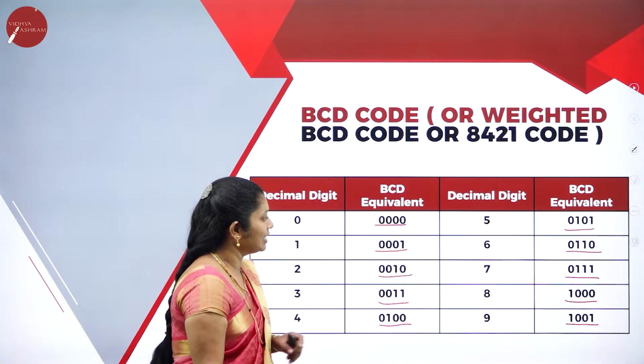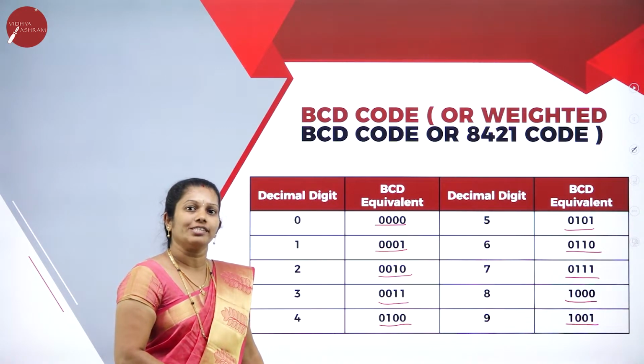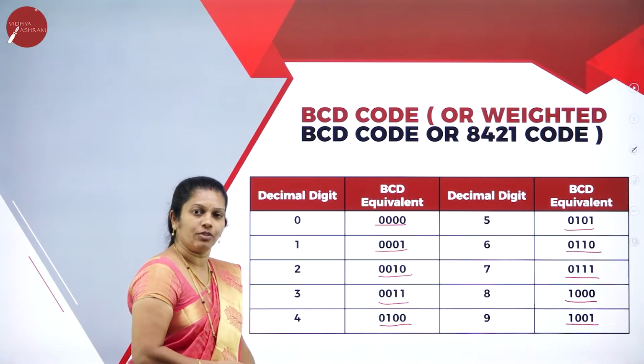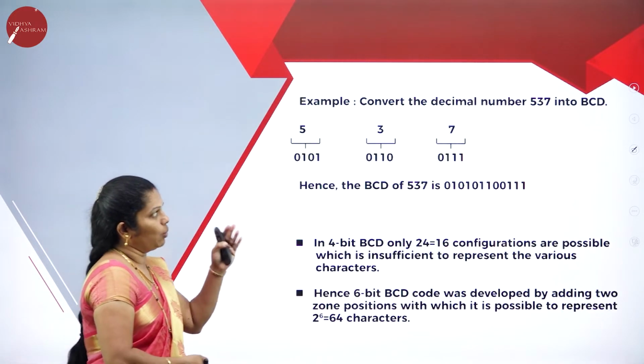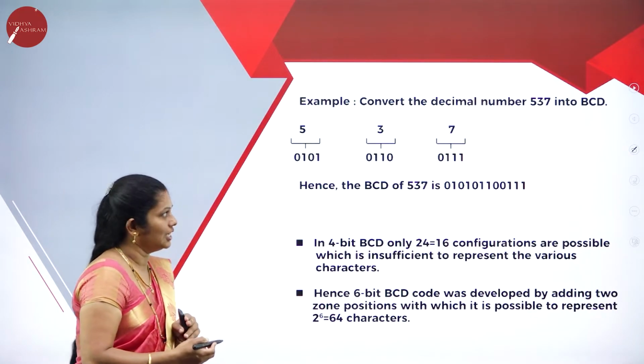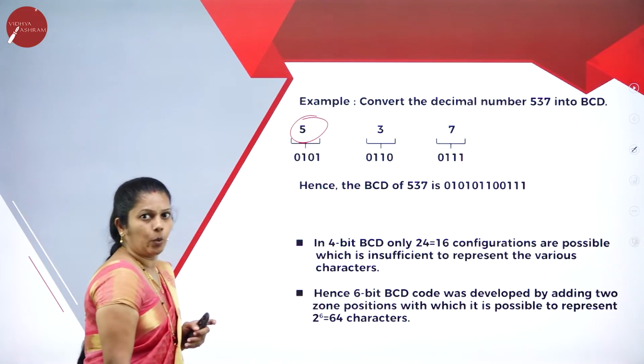It means that I can represent only 4 bits at maximum. That is not sufficient to represent all types of numbers as well as characters, is it? No. In BCD, if I want to convert any number to BCD, for each and every digit you have to write its 4-bit equivalent.